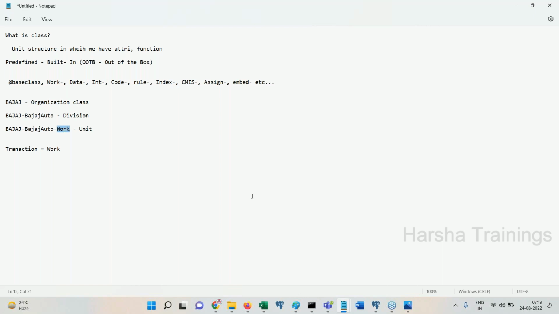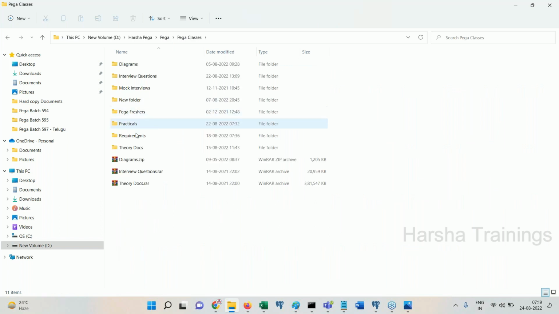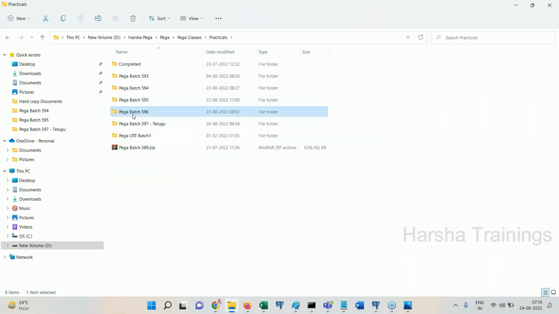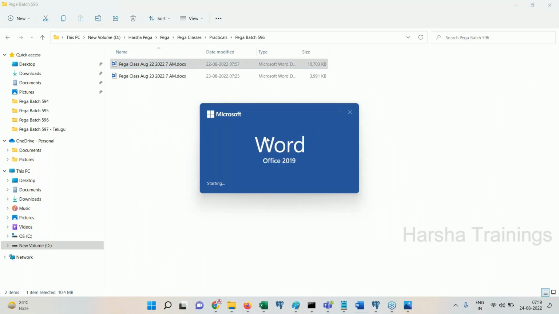At the time of creating a new application, we got a wizard. I'll open the document. Hold on. That was done on August 22nd. Okay, I'll go through the documents. This is the practical document.